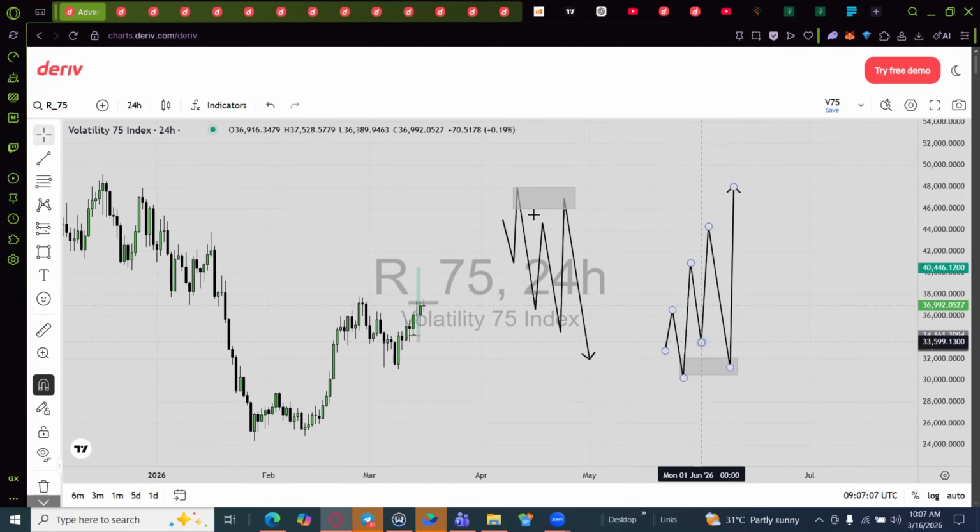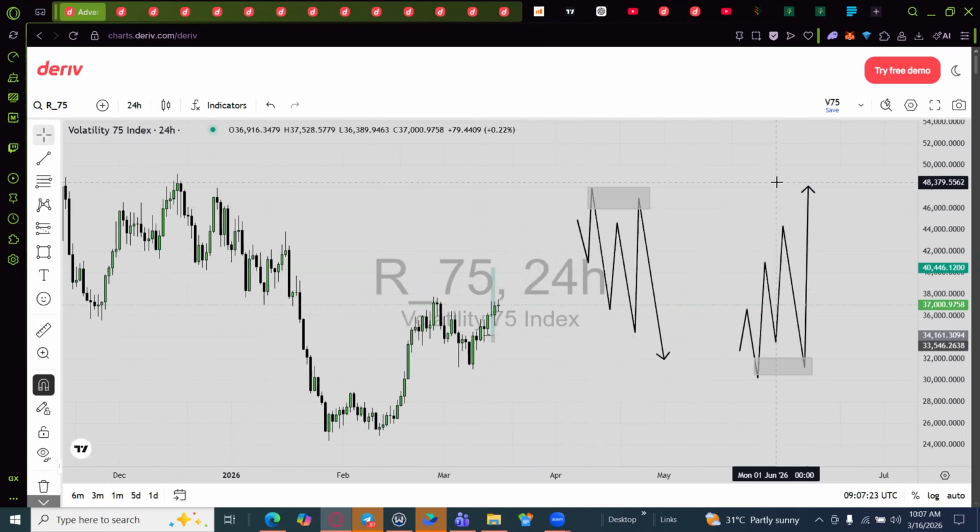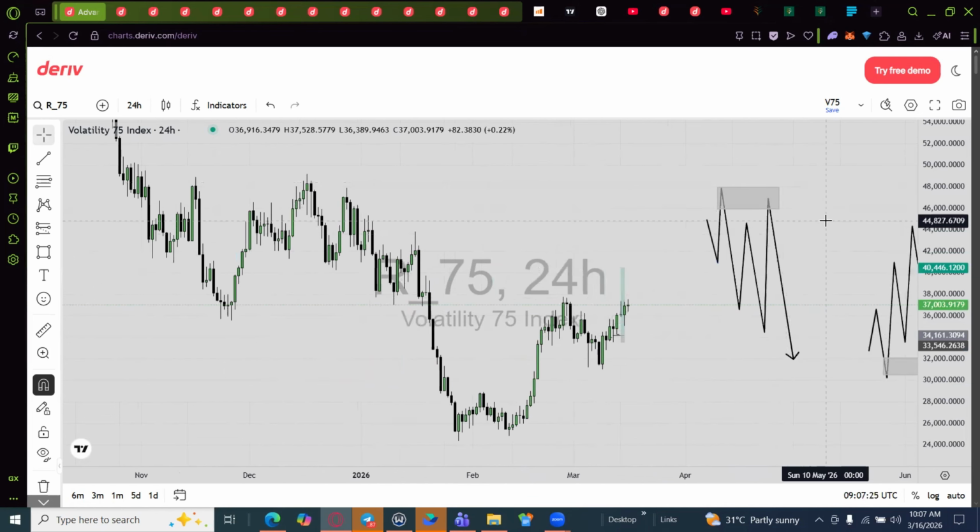This is liquidity, and this is the order block that did not get retested. It's the same thing here. This is your liquidity. So you have your POI, which the market comes to. It's the same thing here. But yes, this is the type 1 setup.